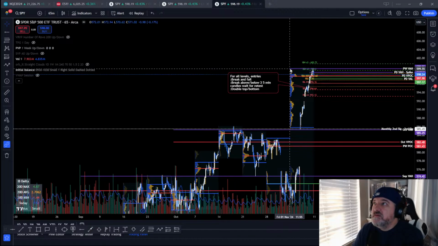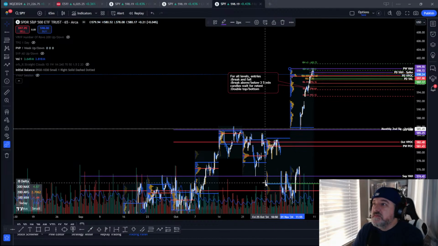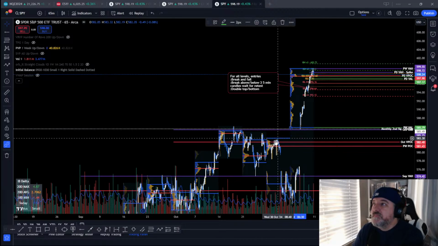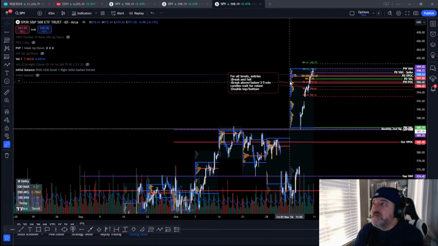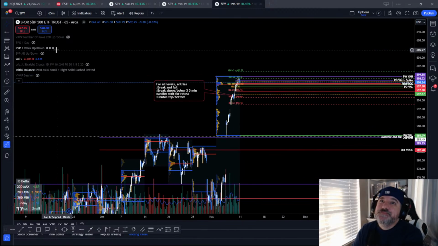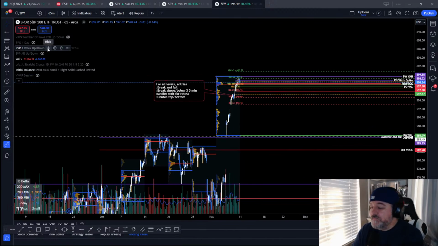Our high is here. Previous week value area low here. And previous week POC here. So that's all we have to chart as far as our volume profile levels.